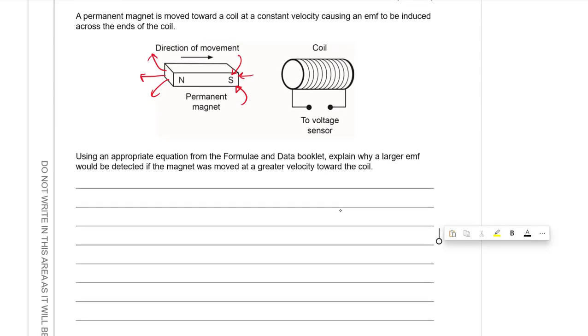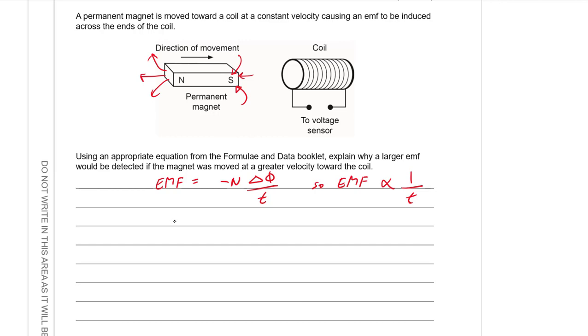So the equation that I would use would be that the EMF is equal to, and this is from the data booklet, the change in flux over time. So that's the equation that I would use. And I would also go as far as to say that therefore the EMF that's induced is inversely proportional to the time.